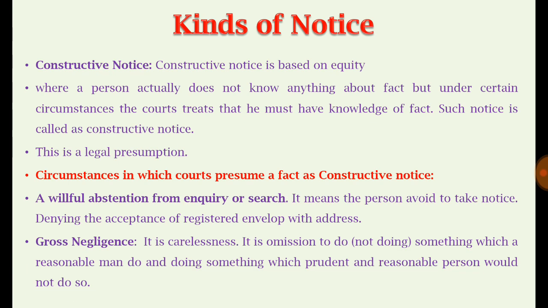Then the second thing is gross negligence. When you have committed gross negligence in getting the knowledge, in getting the information, in such circumstances also. So what is gross negligence? While doing any act, you should act like a prudent person, because a prudent person inquires about the thing.